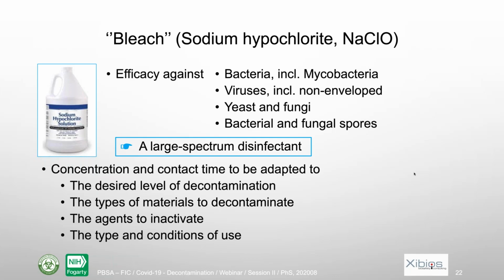The types of material to decontaminate, corrosive, you might in some cases do some corrosion if you use high concentration on some type of equipment. The agents that need to be inactivated, the most resistant, might need a higher concentration, and also the type and conditions of use. For instance, if you have a high organic load, a lot of organic matter, nutrients, and so on, in that case, you also need to work at a higher concentration.